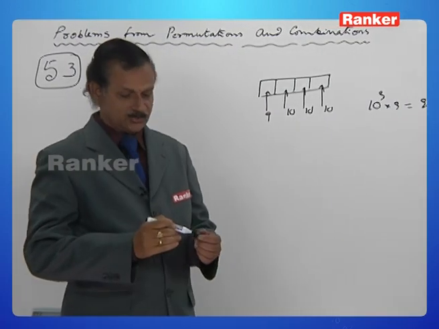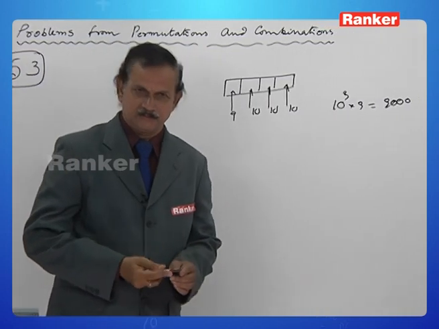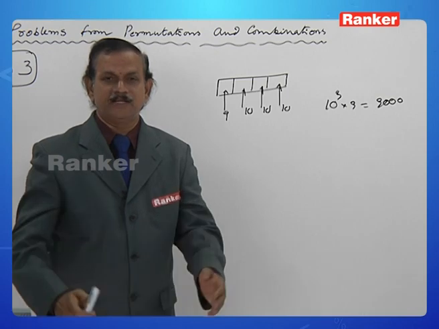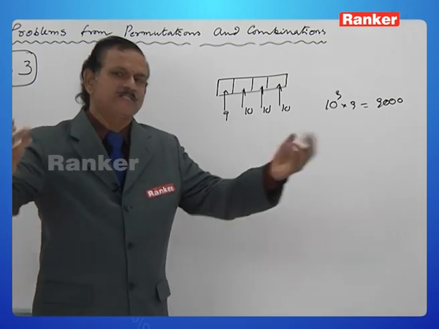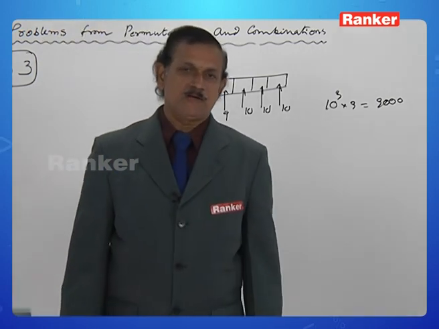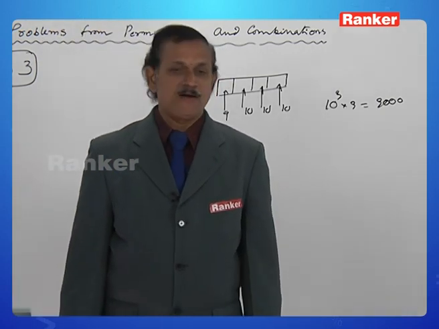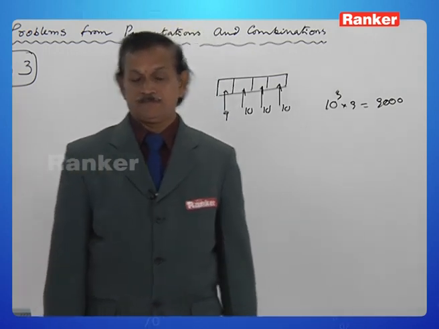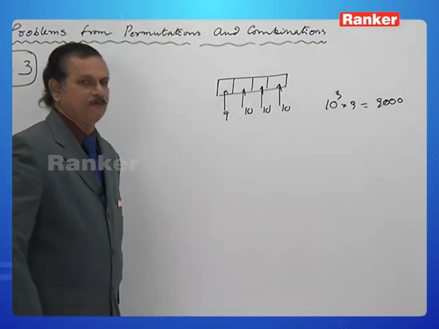How many such numbers are there? 9,000 numbers are there. Out of those total 9,000 numbers, we are supposed to pick out the required natural numbers. What type of natural numbers do we require? The product of the digits must be divisible by 3.